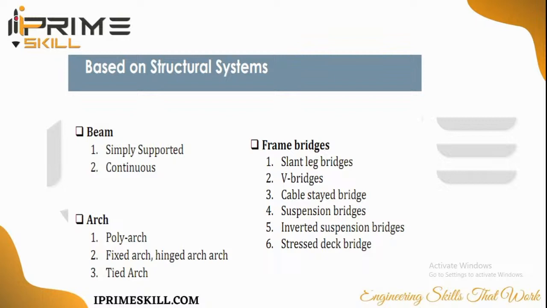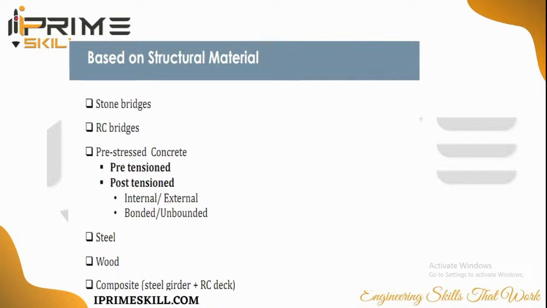We are going to see an arch bridge, how to design it in our software, in a later session. Then we have structural materials: stone bridge, RC bridge, pre-stressed concrete bridge, pre-tension and post-tension, then steel, wood girder, steel girders with RC deck. All these are different kinds of bridges.